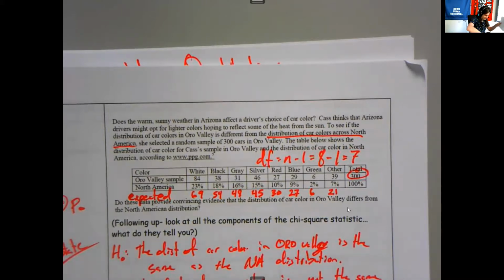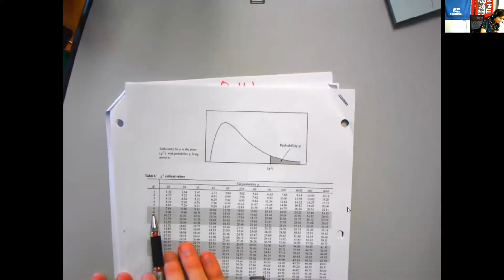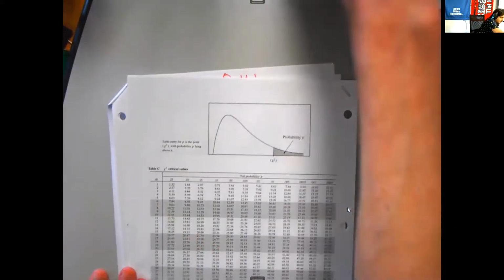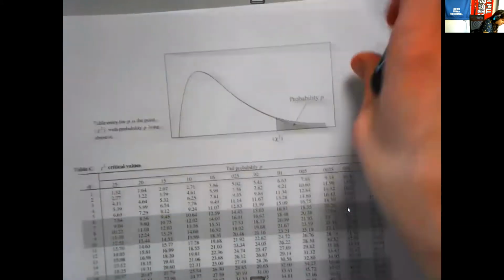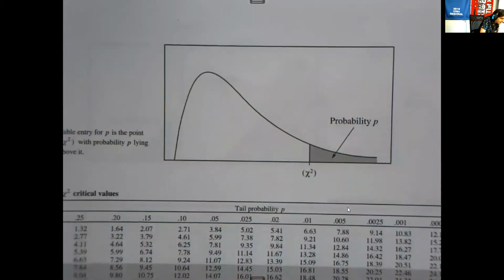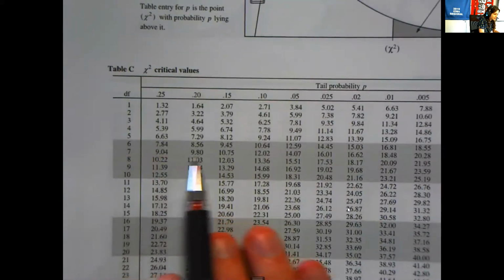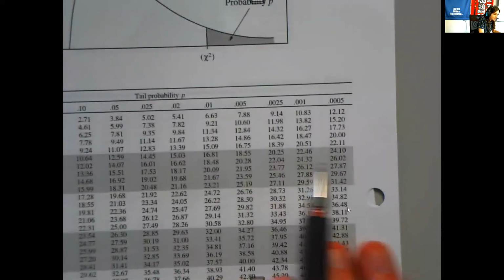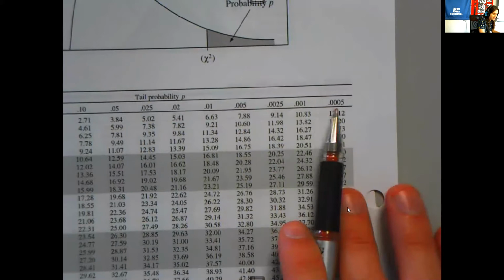I will connect this back to the chi-square table. If we would have gone to chi-square, 7 degrees of freedom, as this case was here, and we looked for a chi-square statistic of 29.92, we look here, 7 degrees of freedom, and we scroll across until we find 29.92, and I see 29.92 is out beyond even 0.0005.